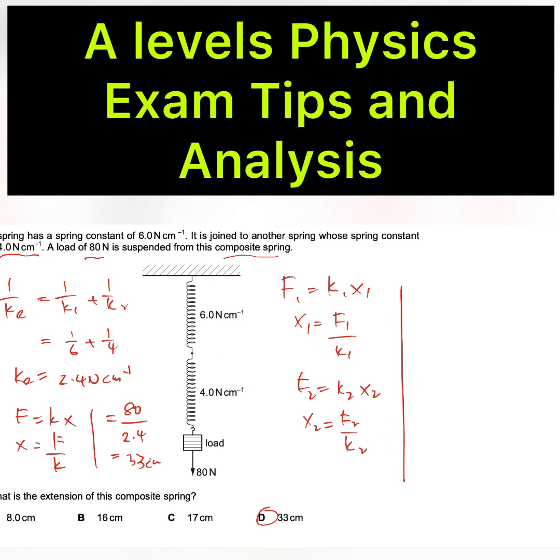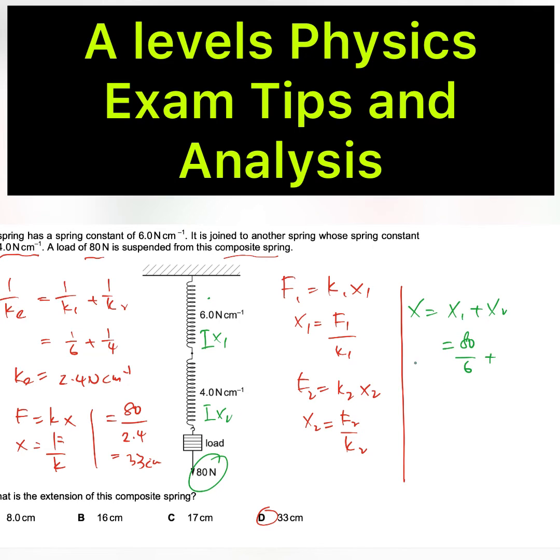So the load will cause spring number 1 to extend, and spring number 2 also will extend. Both of them extend, that means we are looking for the total extension, so it will be x1 plus x2. We need to know that 80 Newton will be acting at the first spring as well as the second spring. So for the first spring it will be 80 divided by 6.